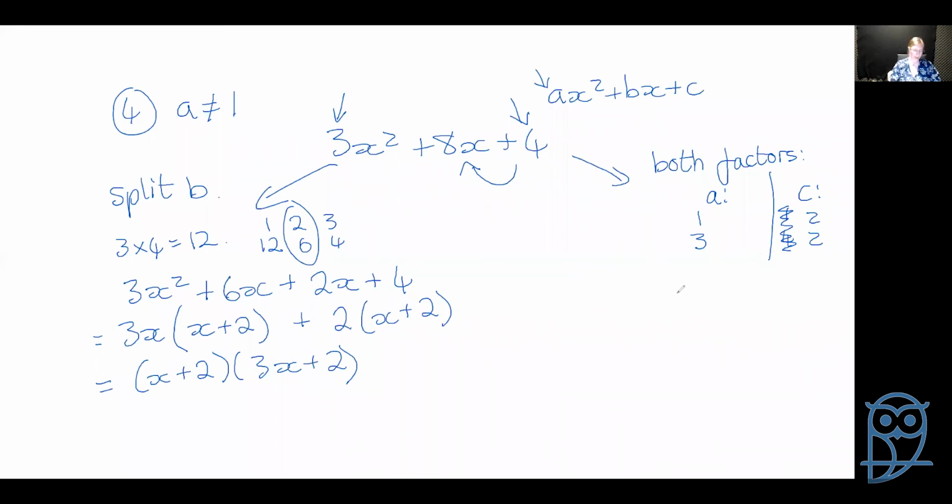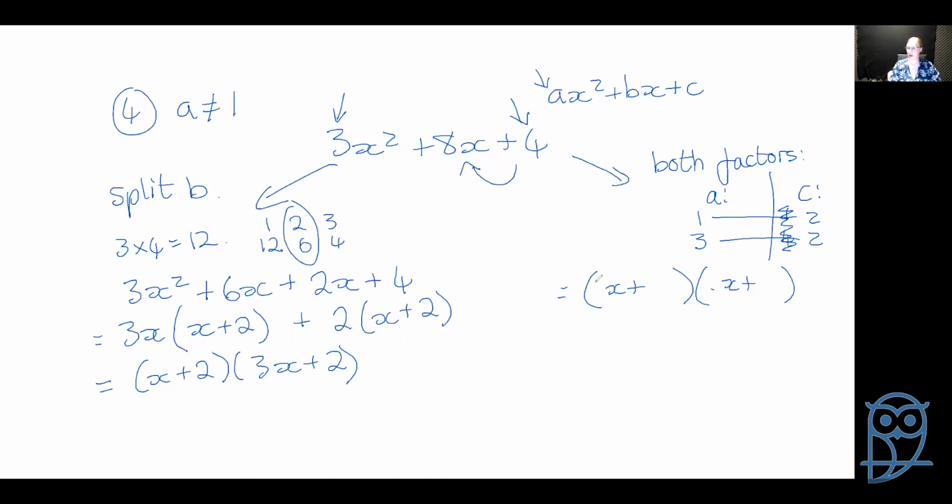Okay. So the only bit about this method is we need to be careful where we put our numbers. We know this is going to be a plus and a plus. There's going to be some x's, and there's going to be some numbers. I left a little space in front of these x's for a reason. So the way we multiplied, if we multiplied this way across, then that means that this is going to be our first and our last.